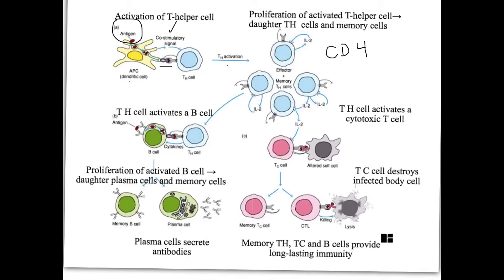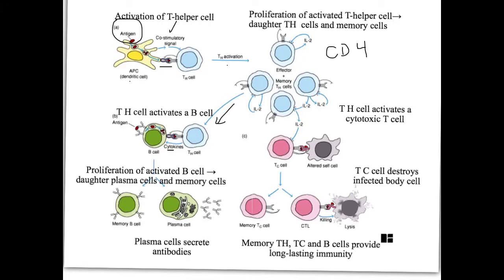These CD4 cells circulate throughout the body with the purpose of activating the other arms or the other portions of the adaptive immune system. Some will activate B cells. In this illustration, part B, we see an activated T helper cell that encounters a B cell that has also engulfed and displayed a particle of this same antigen.